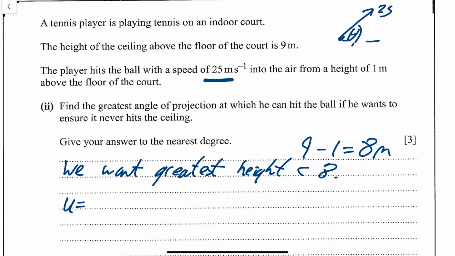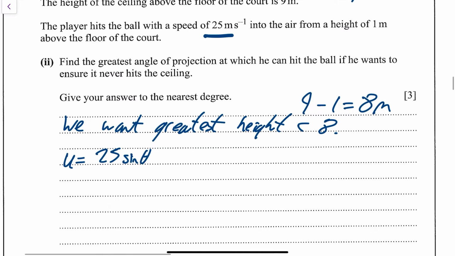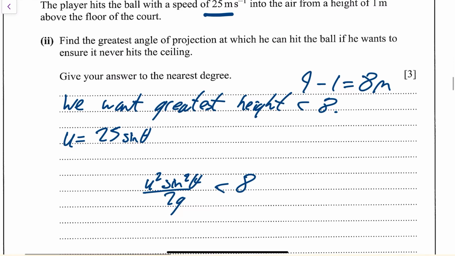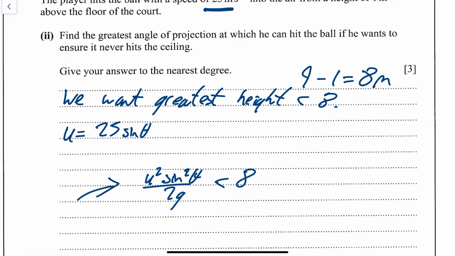So remember, it was u, the initial speed, times the sine theta. And then remember the formula was u squared sine squared theta over 2g, and it has to be less than 8. That was what your maximum height was.